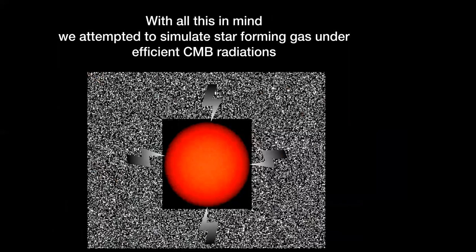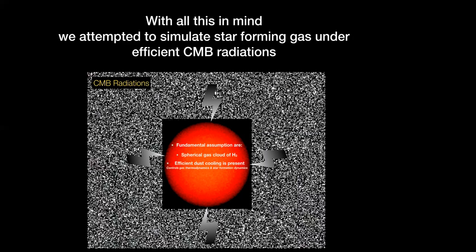Now I come to my simulations, which we performed more recently, and we published the results. What we do in our simulations is that we have a sphere, and this sphere is in the presence of the CMB radiation. We assume that the CMB is present for this gas sphere, which is going to collapse. Obviously, in our simulations there are certain fundamental assumptions. Some of the assumptions are that the spherical gas cloud is there with molecular hydrogen.